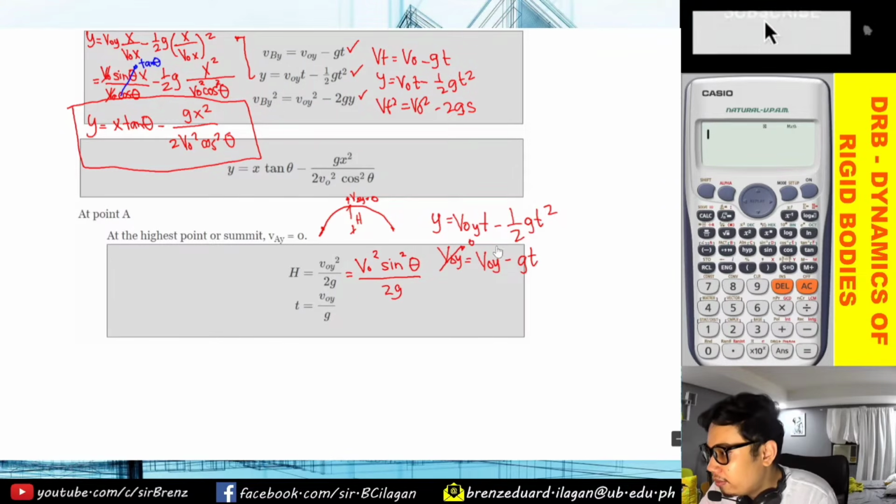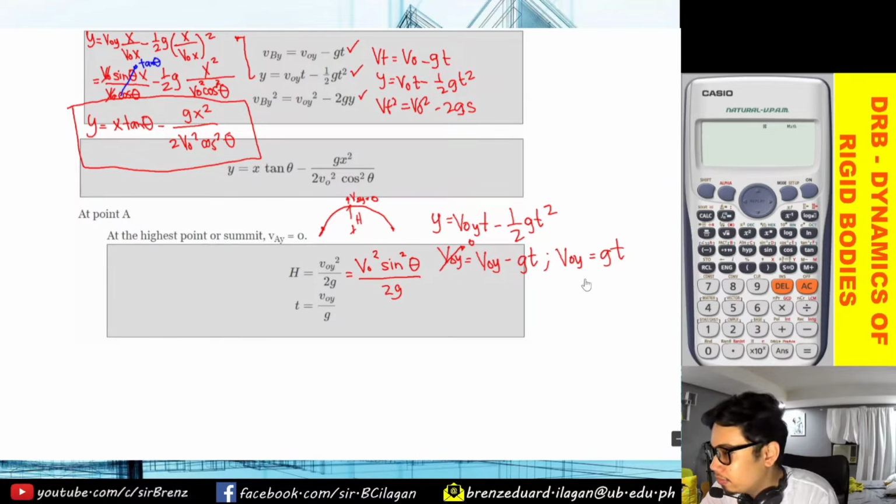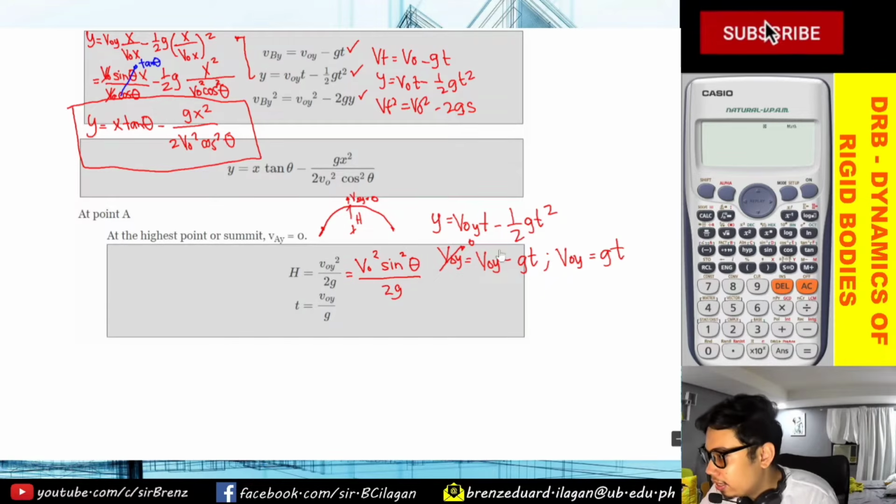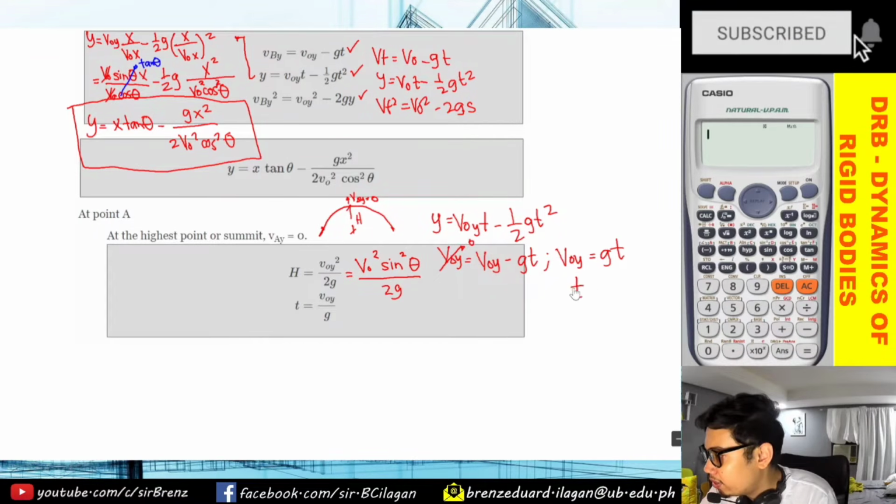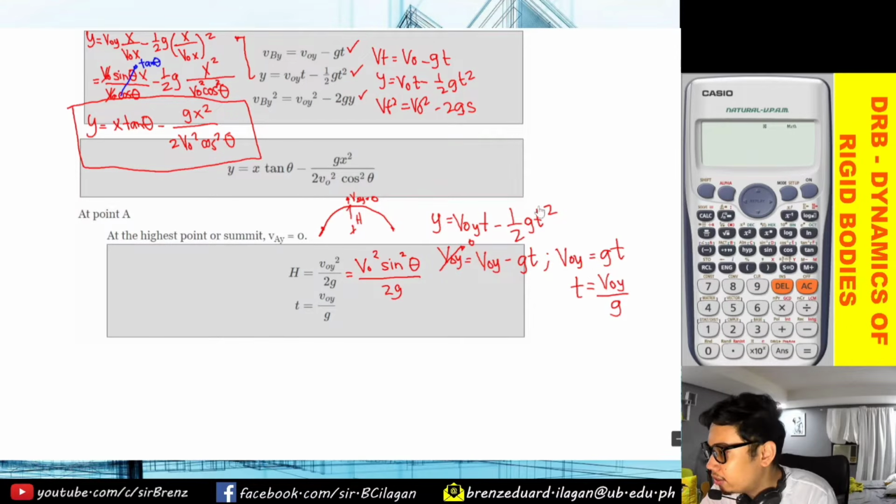Therefore, makagawa tayo ng equation or relationship ng V0y is equals to g t. So, wala namang time dito sa equation na to. Ayan. So, ang gawin natin in terms of time. So, ang time mo can be written as V0y all over g. Okay? So, yung time natin dito, isa-substitute lang natin sa equation nito, yung first equation.